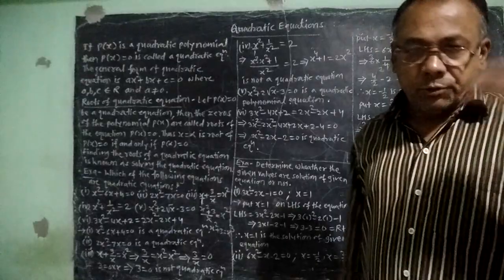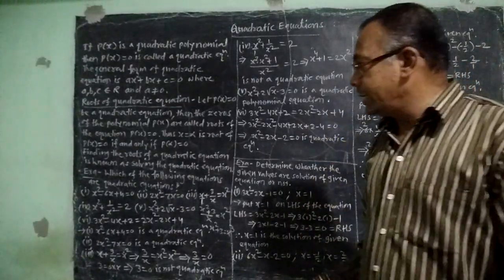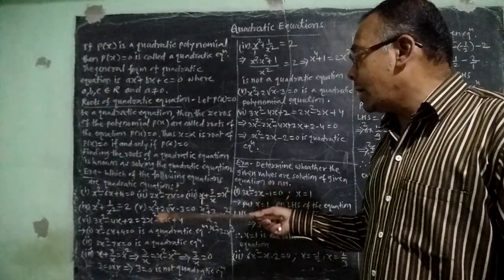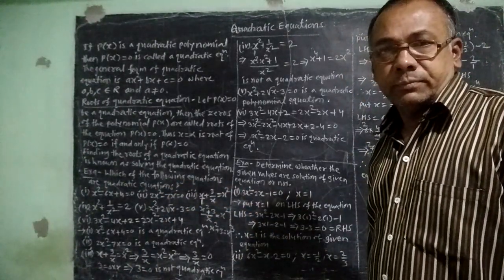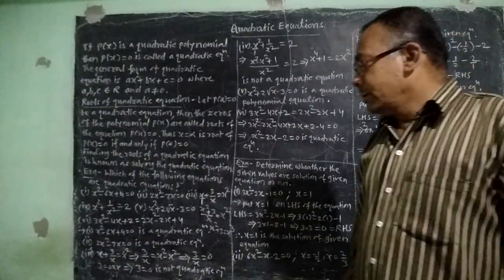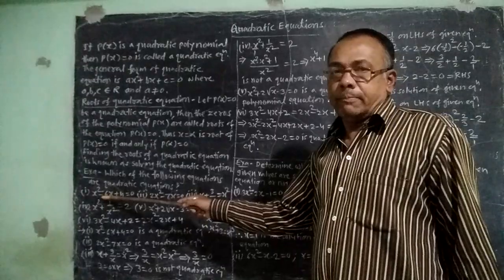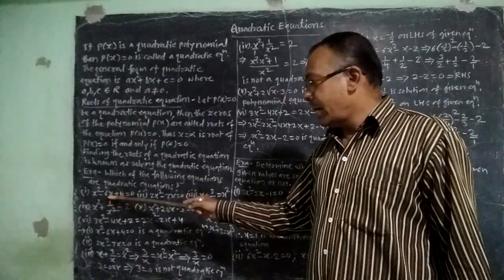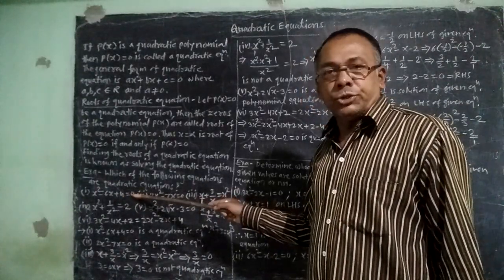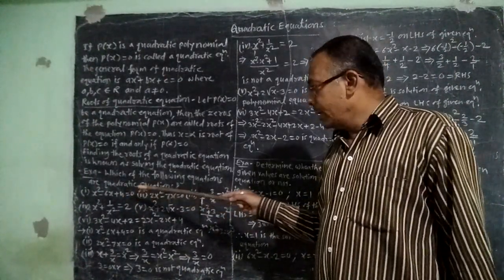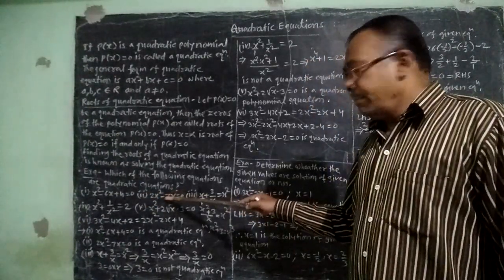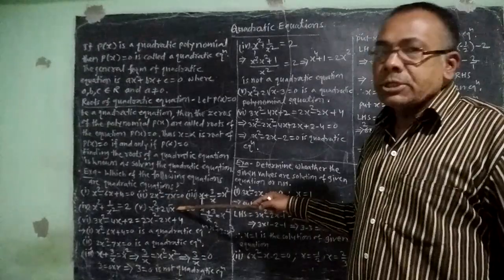So here we will see some examples. Example: which of the following equations are quadratic equations? First equation: x square minus 6x plus 4 is equal to 0. Second: 2x square minus 7x is equal to 0.